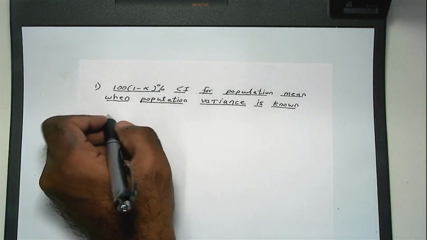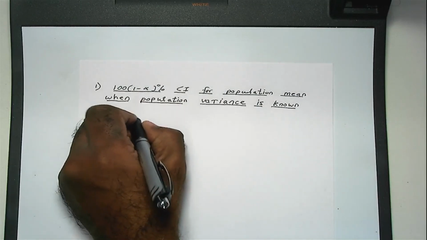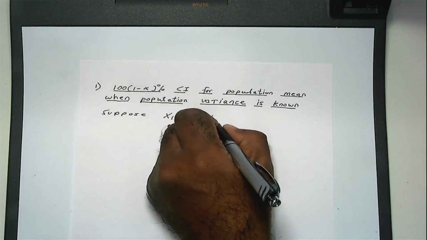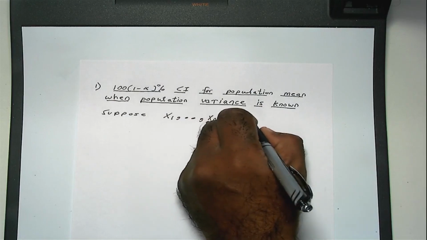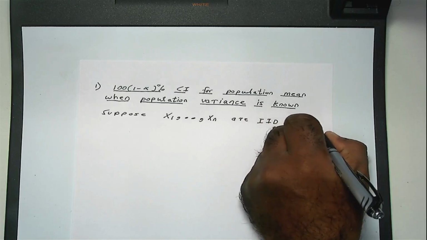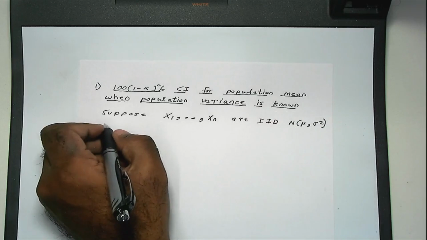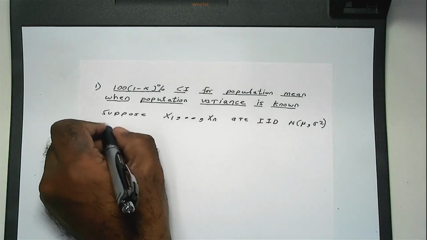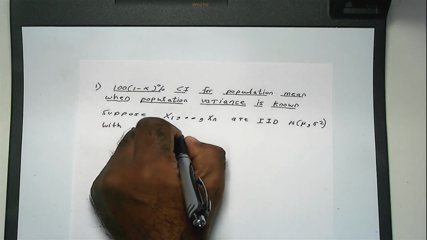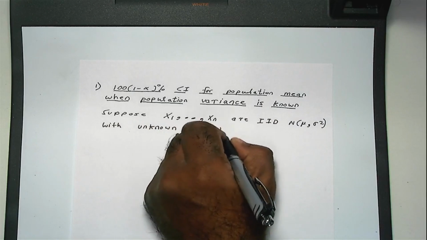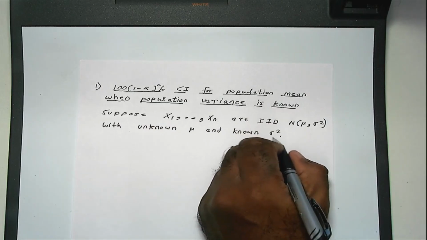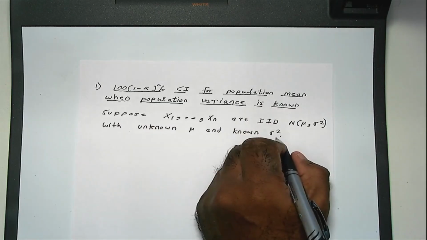So I'm going to suppose that you have a random sample x1 to xn, which are IID, normally distributed with mean, mu, and variance sigma square, with unknown mu and known sigma square. Remember, sigma square represents the variance, so we are assuming that the variance is known.